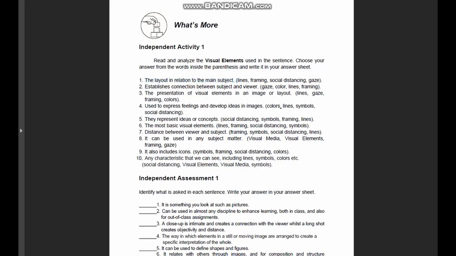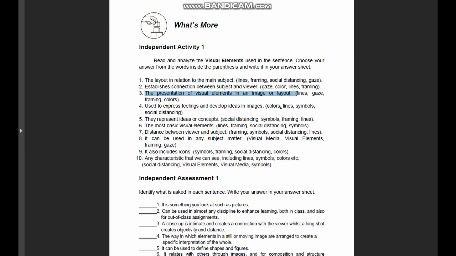Second, it establishes connection between the subject and viewer. Is it gaze, color, lines, or framing? Next, presentation of visual elements in an image or layout.